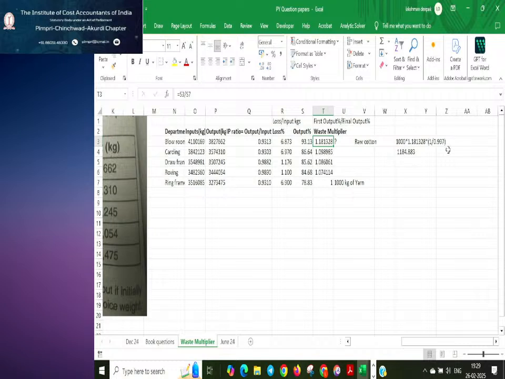So in percentage, 99.7 divided by 100 will be 0.997. That's the thing. Are you able to understand? So 1184 kgs of raw cotton is required to produce 1000 kgs of yarn.